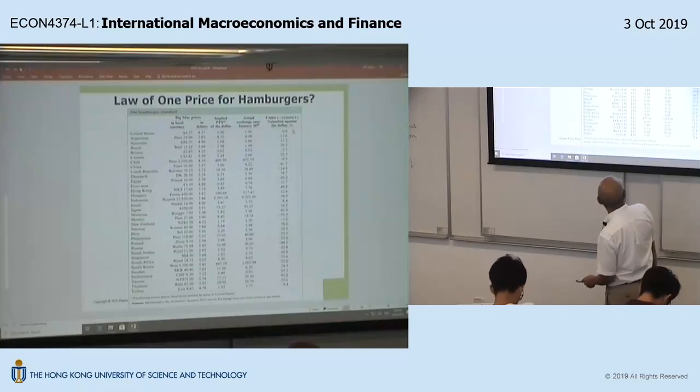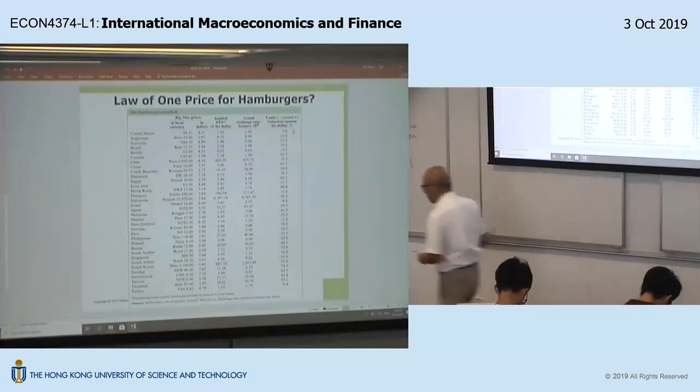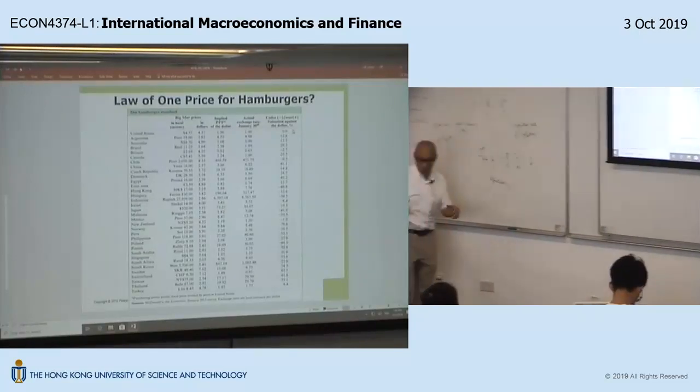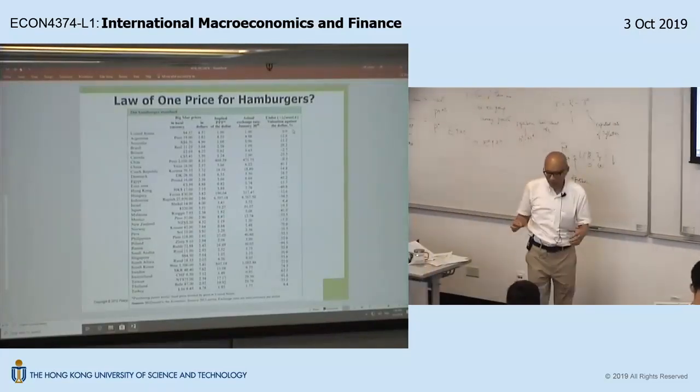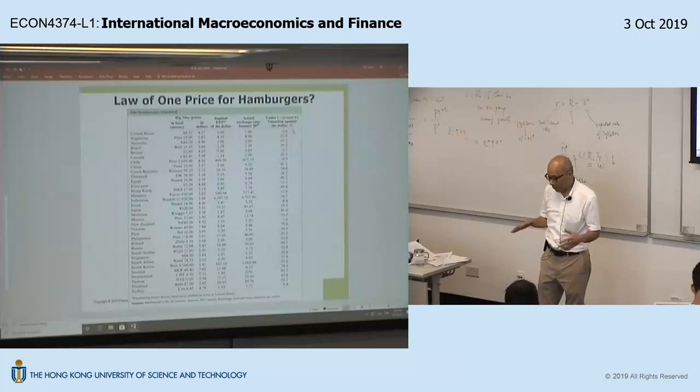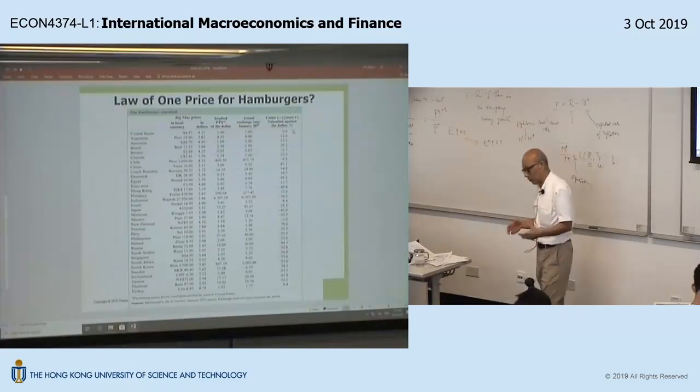And then you can also have other things, other countries. Of course, this example actually tells you that in the real world, the law of one price does not always hold, right? Because transport cost is not zero, transaction cost is not zero.